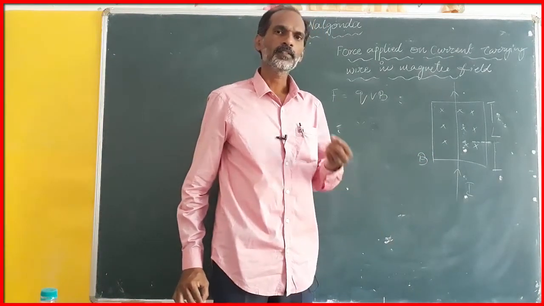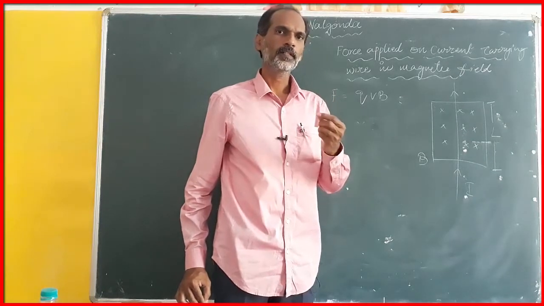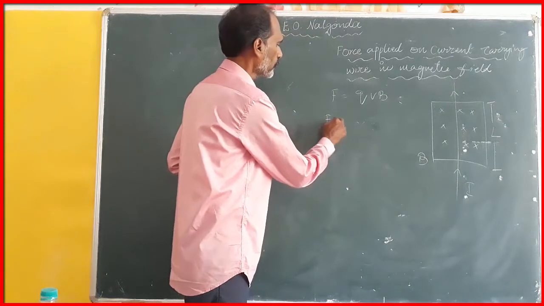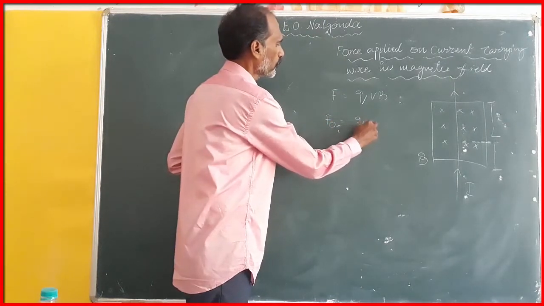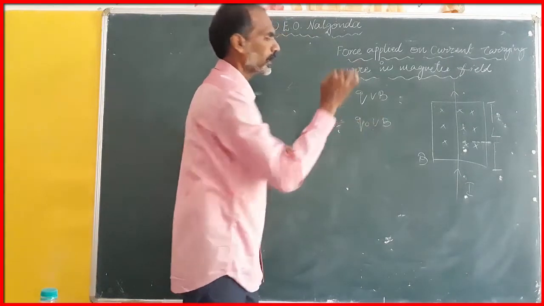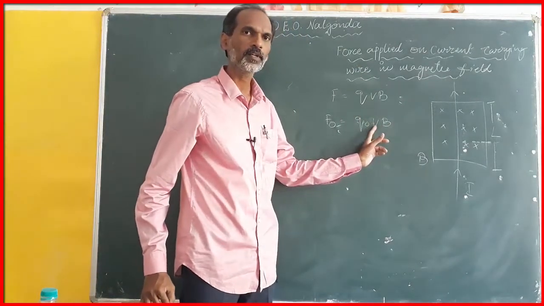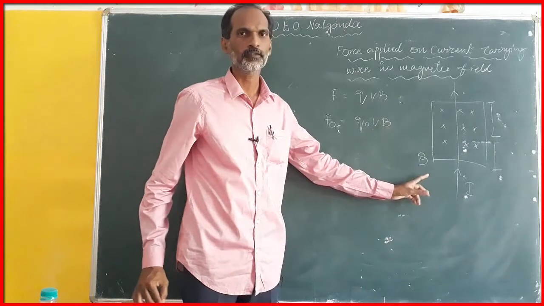So the force applied on each charge, if we consider that as F naught, will be Q naught V B. Here Q naught is the charge, V is the velocity of the charge and B is the magnetic field.